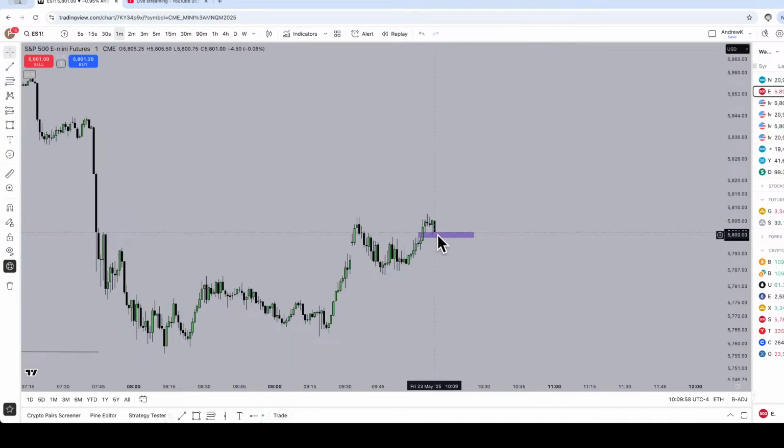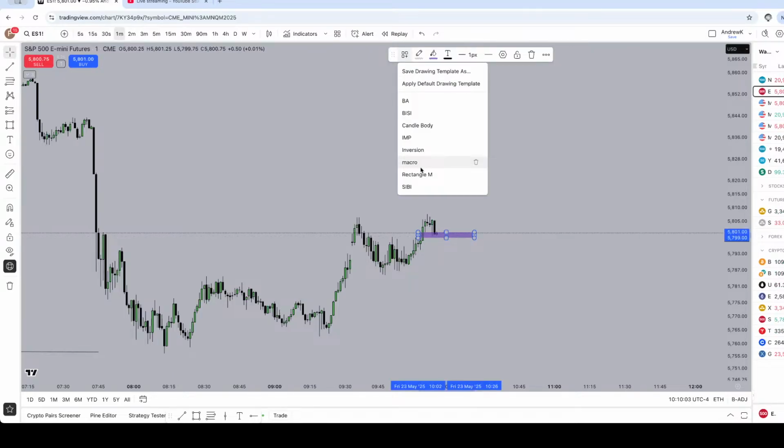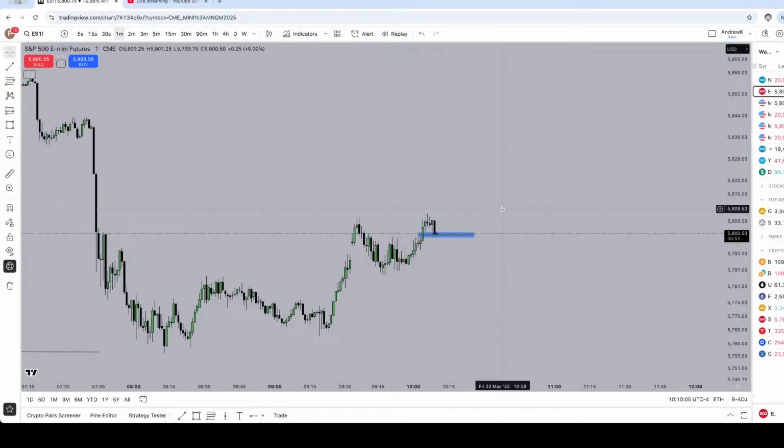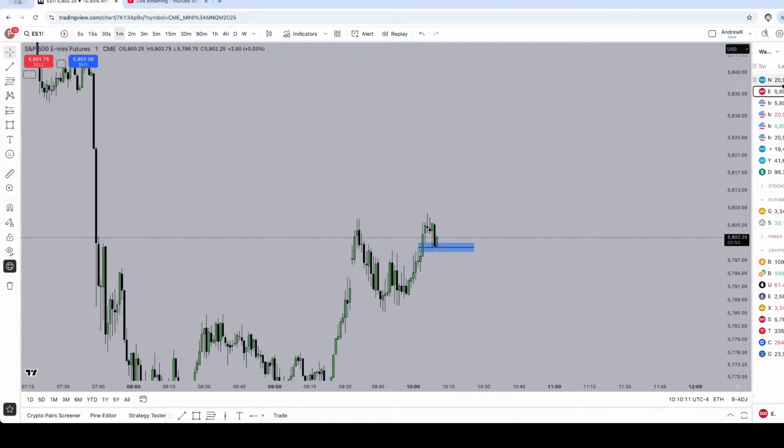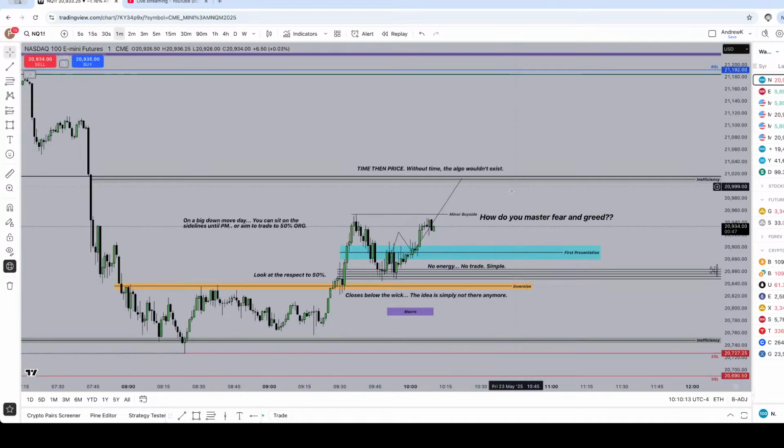Still need to monitor that on ES right there. It's respecting the midpoint.